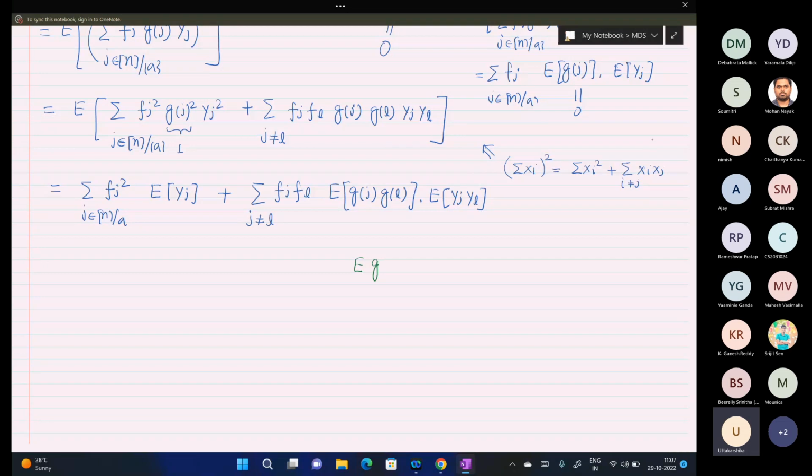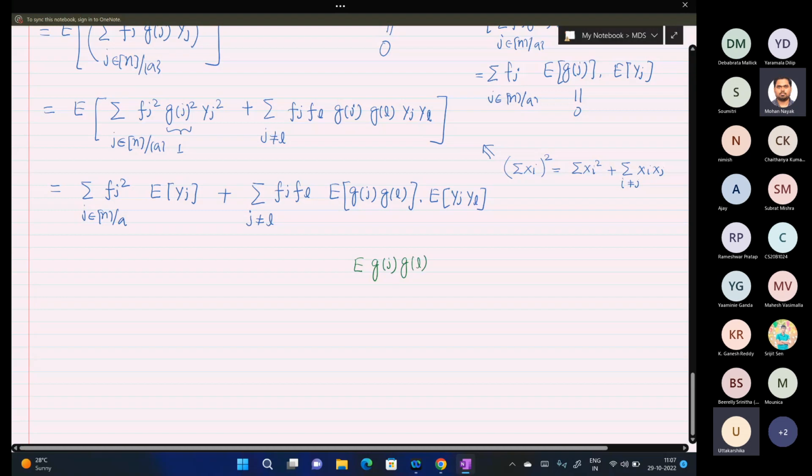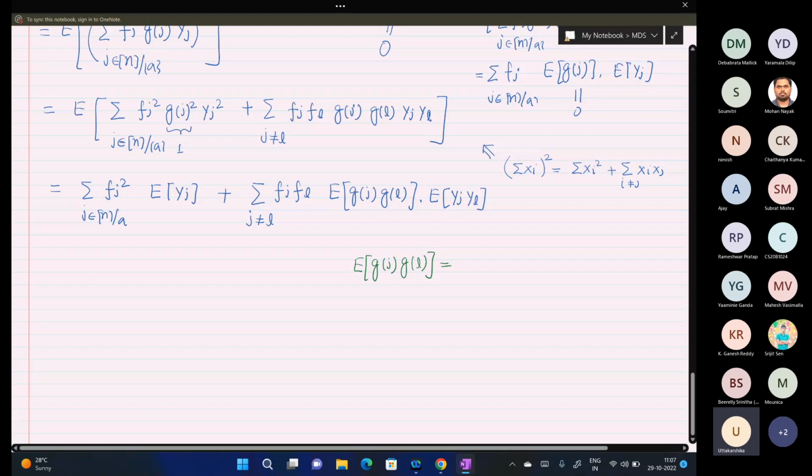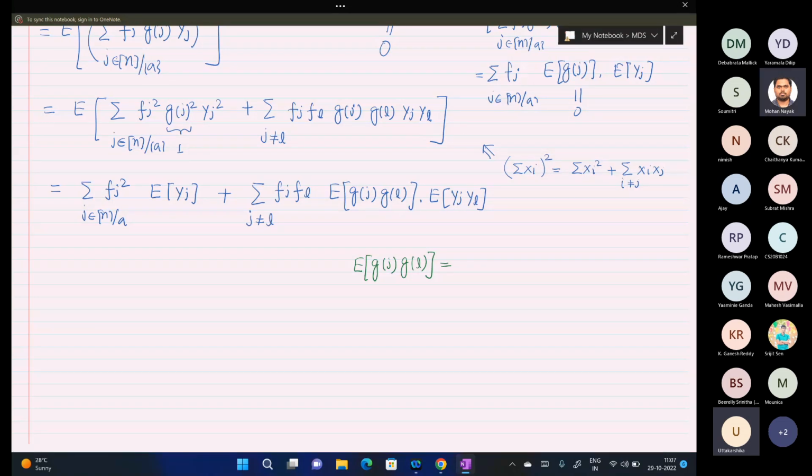Any guess? 0, right? Why is it 0? Because gj is half minus half, so it's 0.